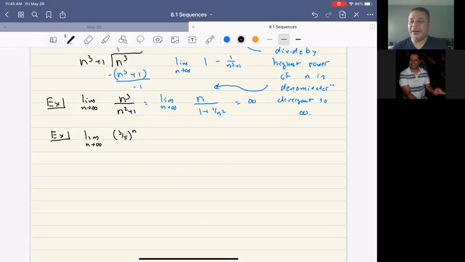3/5 cubed is going to be 27 over 125. What's going on?